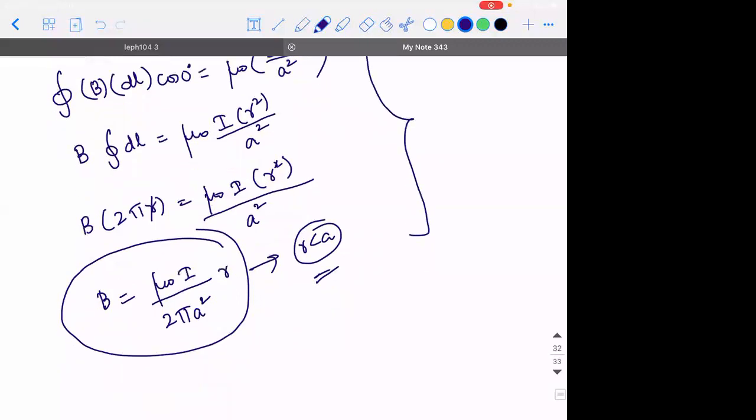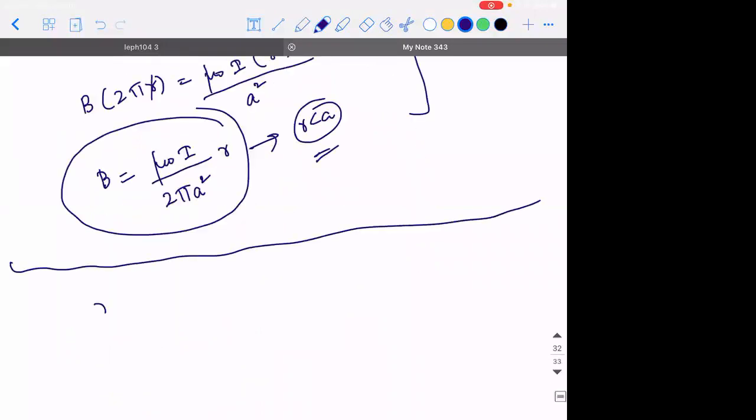Now, shall I proceed to r greater than a?